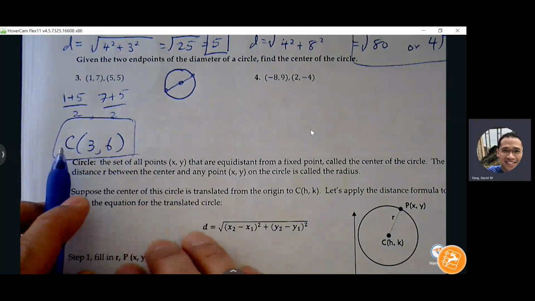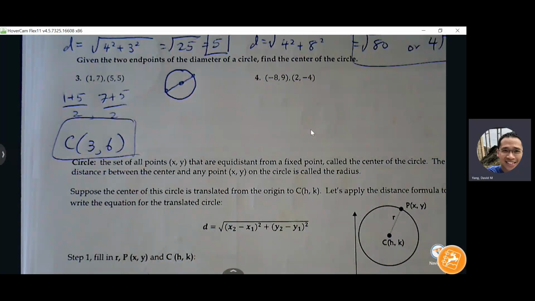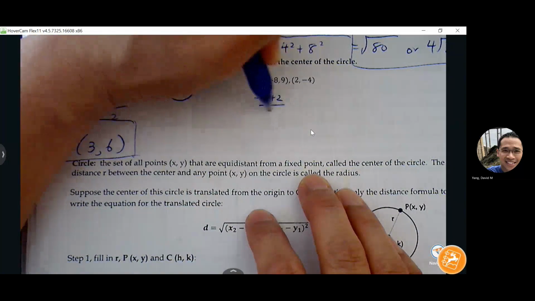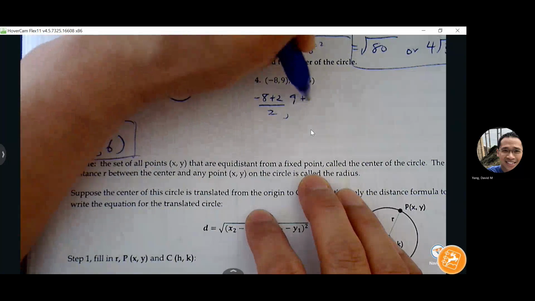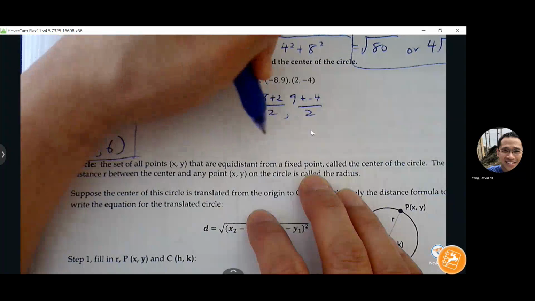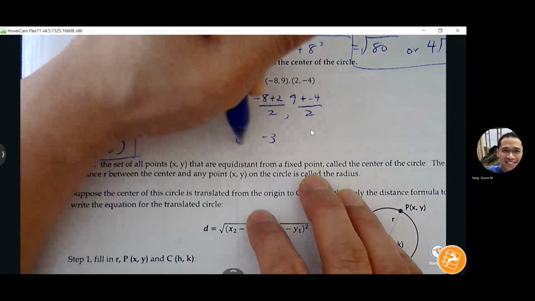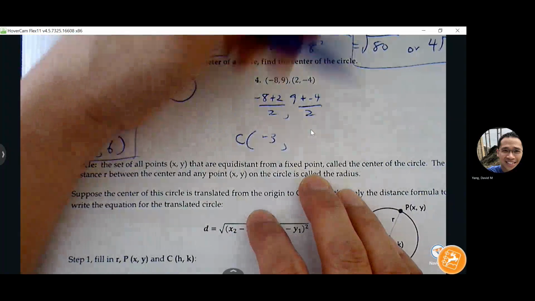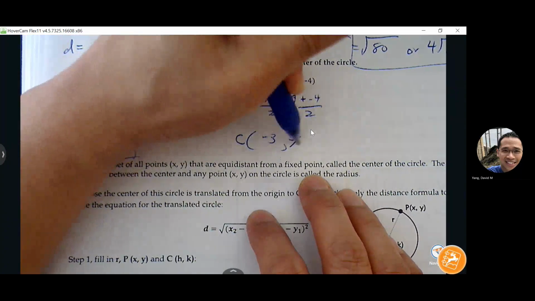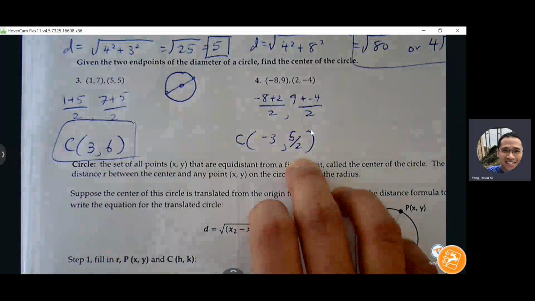Okay, so the center, or I can call it the midpoint, is 3, 6. Five halves or 2.5.